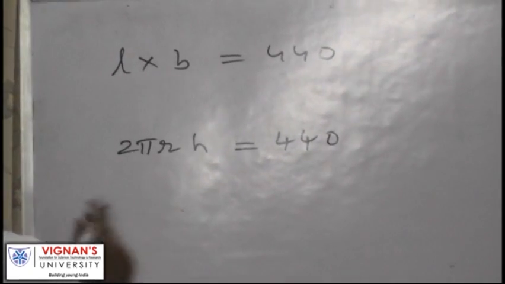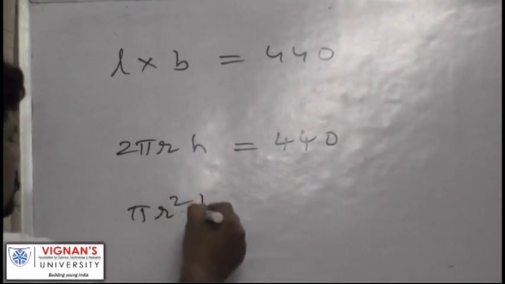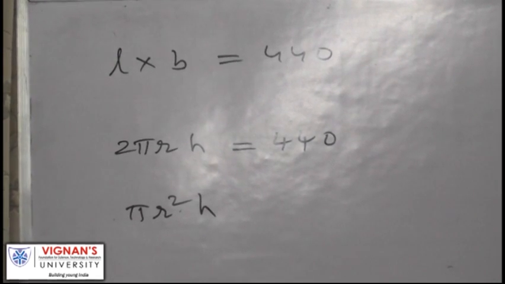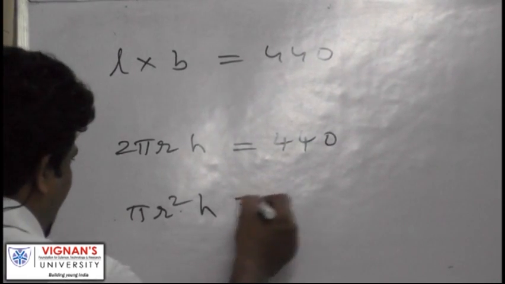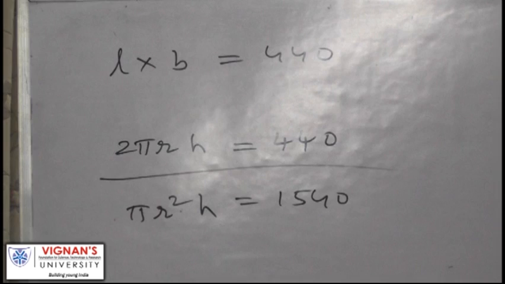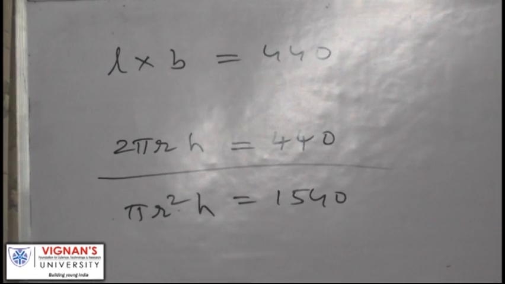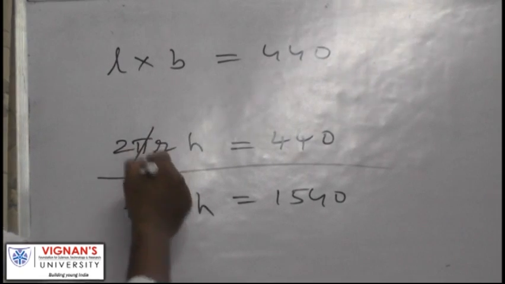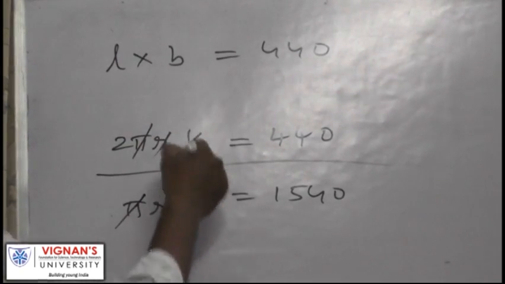Now what is the volume of the cylinder? Pi r square into h, base area into height. We are given the volume of the cylinder also, 1540. Now divide the first one by the second one. I am dividing the first equation by the second equation. Pi r h.